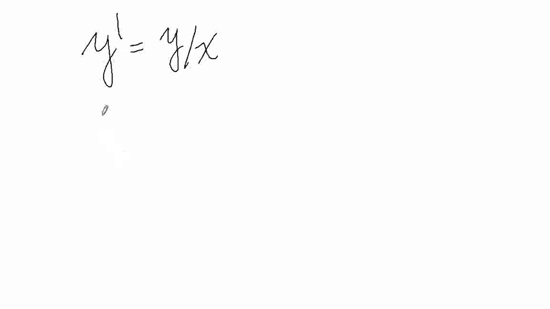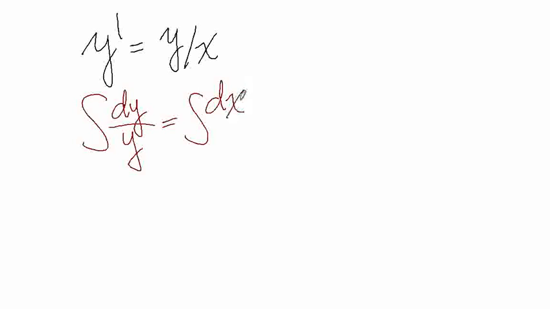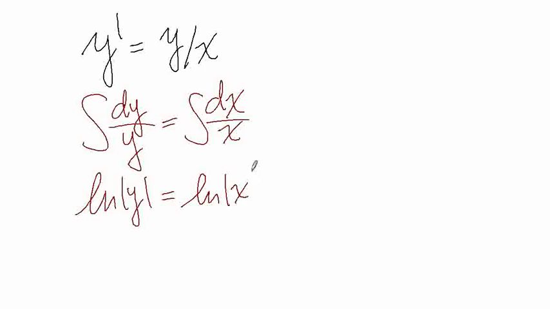Okay, so I'll go ahead and do it now as well. So I'll take the antiderivative of the reciprocal of y and the antiderivative of the reciprocal of x. I'll take one of those antiderivatives with respect to y and one of them with respect to x. So I'll get a natural log on both sides. And again, I'll combine the constants of integration.